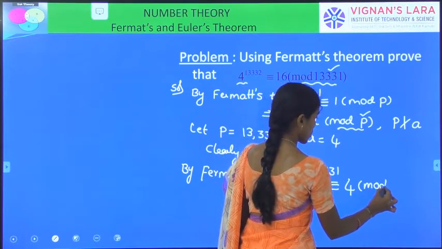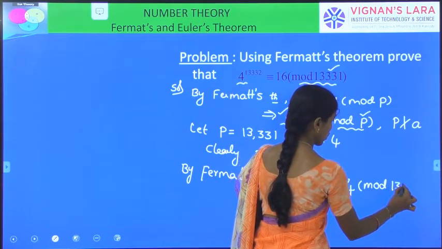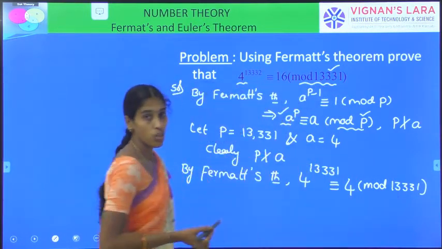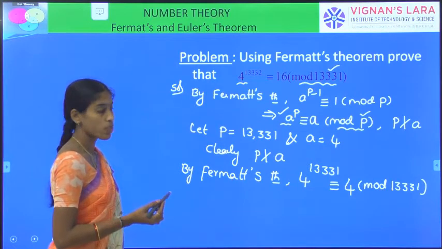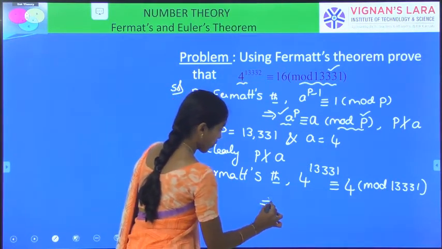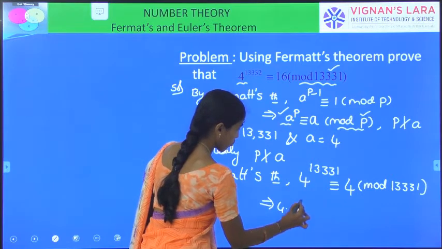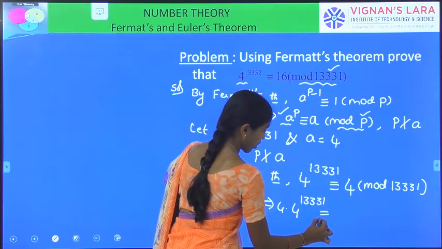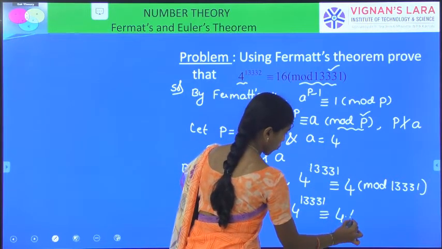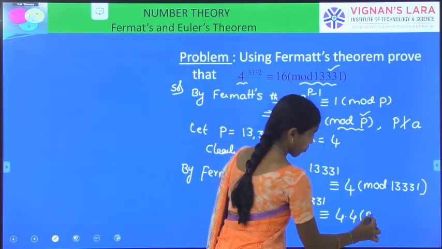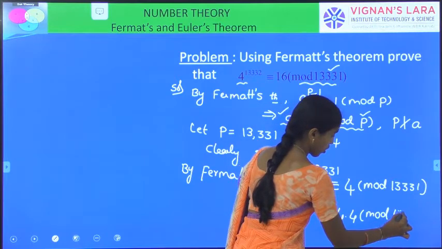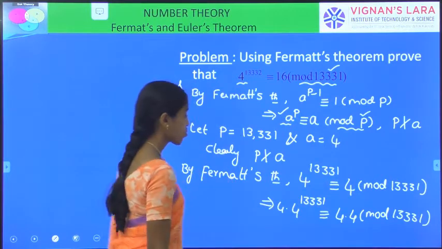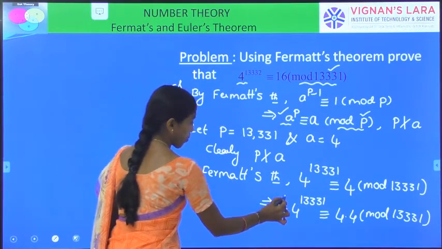Modulo P is 13,331. Right? So now multiplying both sides by 4, we will get 4 into 4 to the power 13,331 congruent to 4 into 4 modulo 13,331.